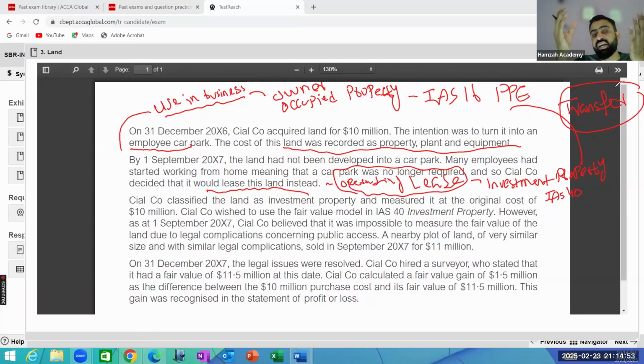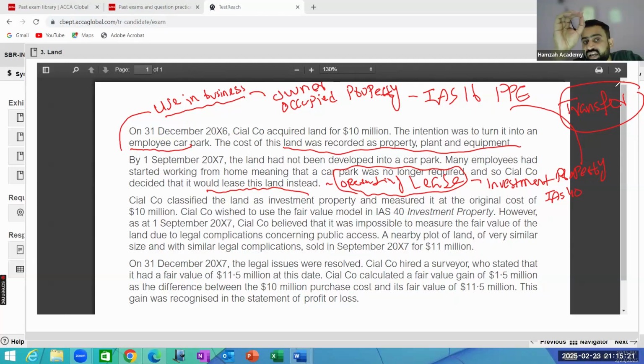The property which was held for use in a business is now held for rental purposes. And when your purpose is to earn rental from a property, then that property ceases to be owner occupied property and starts to be considered an investment property. So it is a change in use, a transfer from IAS 16 to IAS 40.